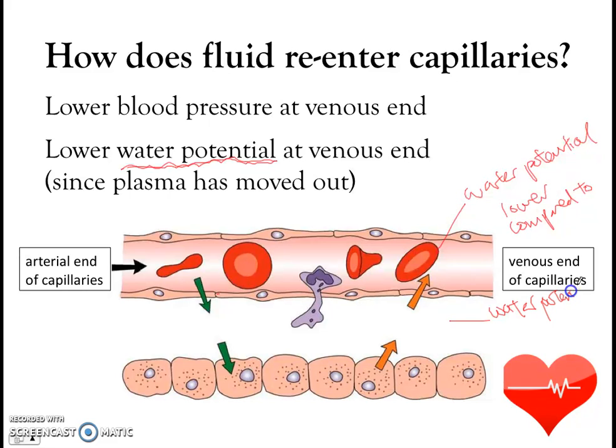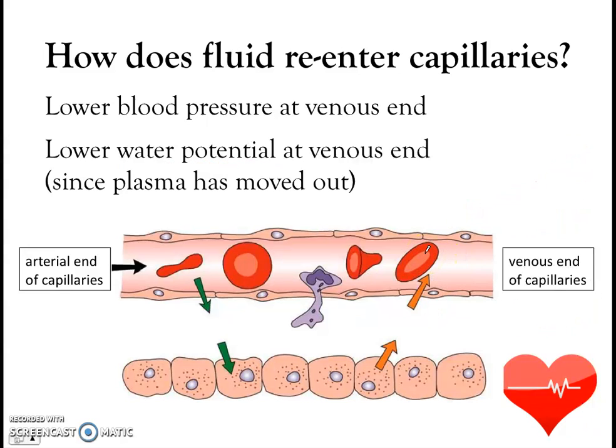So water will move by osmosis from the tissue fluid back into the capillaries, to form back my blood plasma. So in a quick summary, at the arterial end, blood plasma will move out to form tissue fluid. At the venous end, the tissue fluid will re-enter the capillaries again.